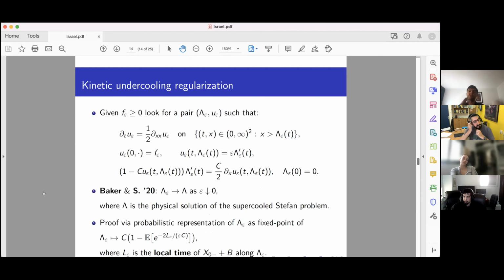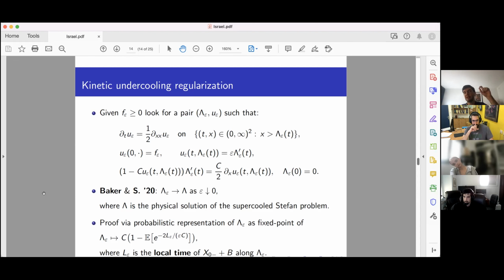Just to summarize, in this first problem, at the end of the day, the probabilistic formulation helps, on the one hand, to put the solutions in the right space, to understand that you should study lambda in the Skorohod space.